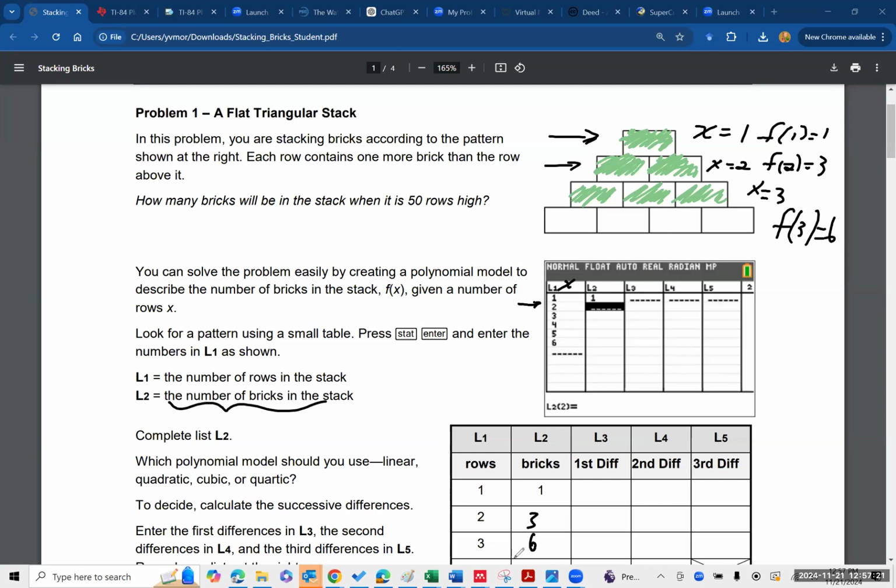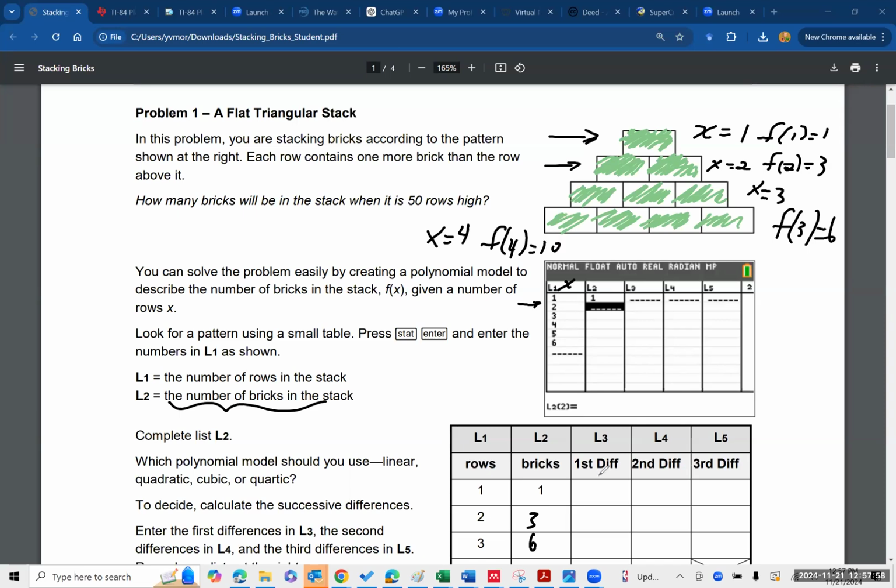Because of space and I don't want to delete everything, I'm not going to add the next one, but you might intuit that you're adding 4 to the previous 6, so it's going to be 10. I can write it over here. Whenever x is 4, in other words, you have 4 rows, f of 4 is 10.